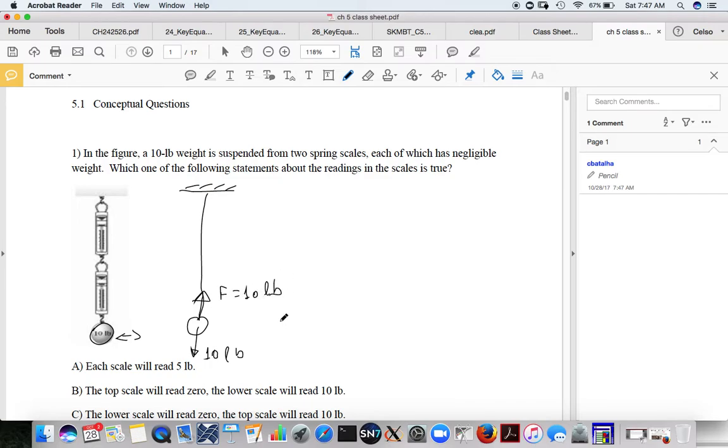So according to Newton's law, the net of these two forces must be zero, right? Because it's not moving, the acceleration is zero.